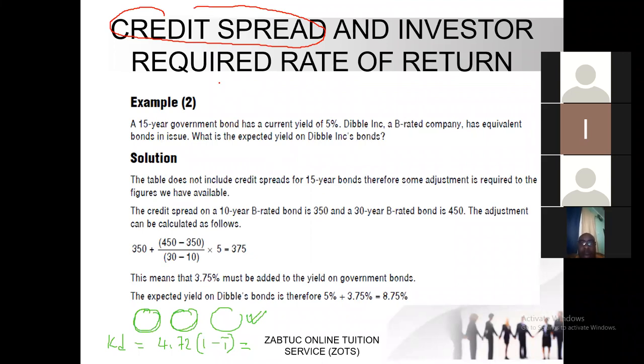So then, the cost of debt of the company can be found as you take the risk-free plus the credit spread.